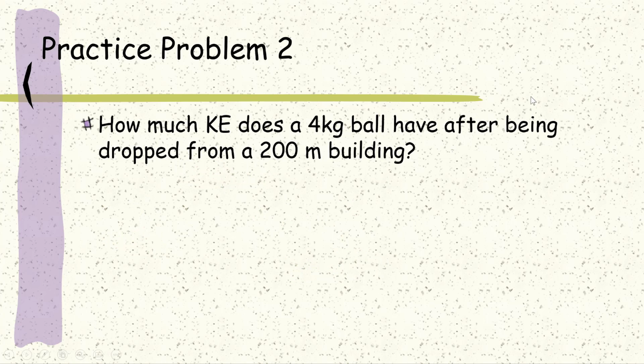Well, let's change this around a bit. How much kinetic energy does a 4 kilogram ball have after being dropped from a 200 meter building? So this is not where we can use that equation, 1/2 mv squared. What we have to remember is that if we are considering these two locations, the ball up here is all potential energy and no kinetic.